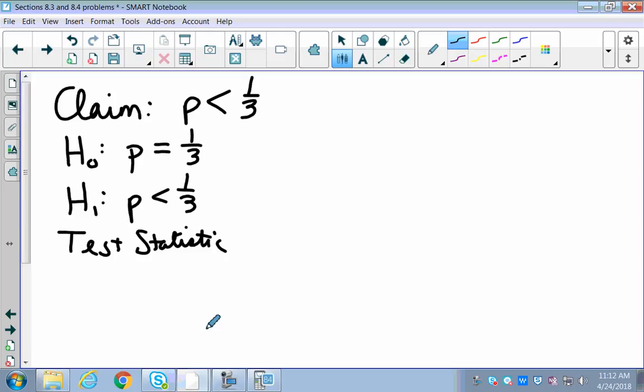P hat, what does P hat mean? Predicted, right? Based upon this, P hat. It says they were successful 172 out of 611, correct?